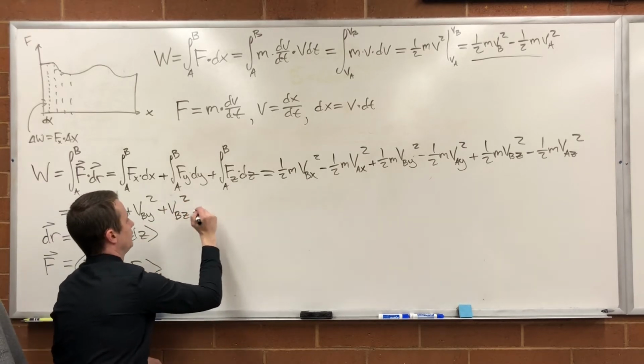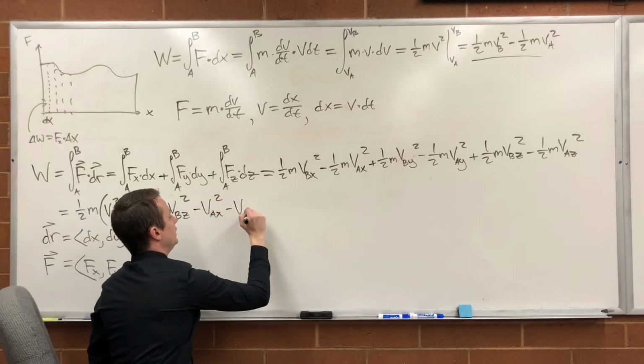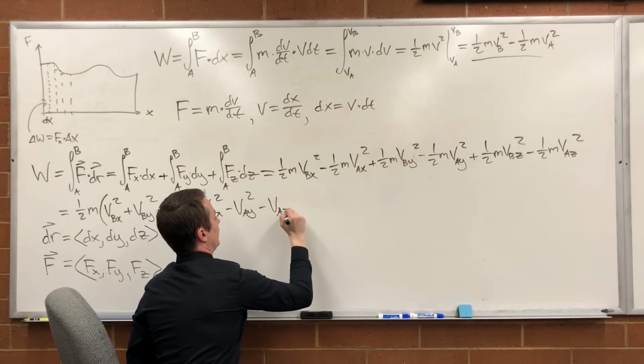And then we have minus VA in the x direction squared, minus VA in the y direction squared, minus VA in the z direction squared.